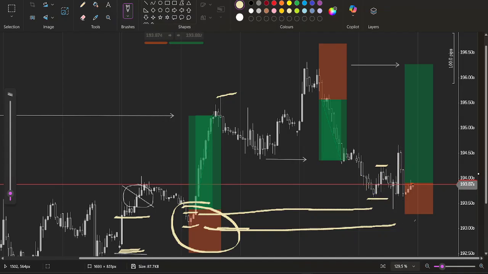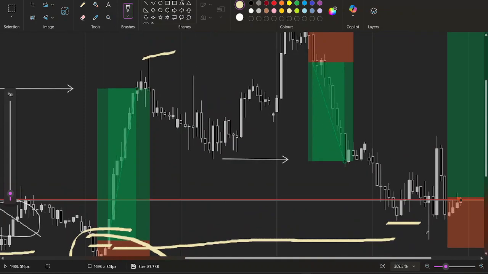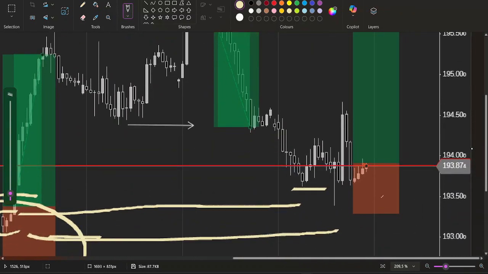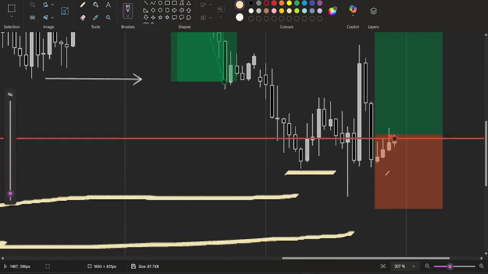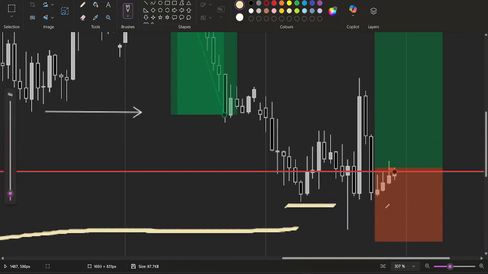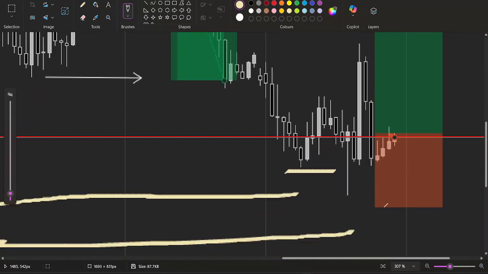And so with the last harami candle, I placed a buy stop, to my current understanding of what I'm supposed to do. Black, white, that might not be exactly as it's supposed to look, but the point is, power is going down with this small box here.